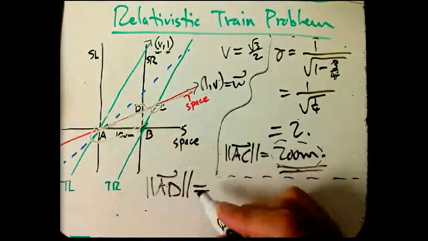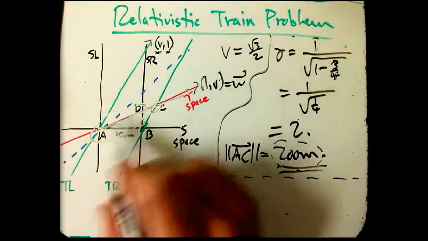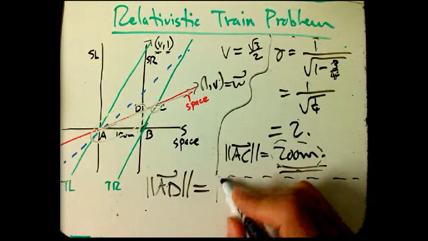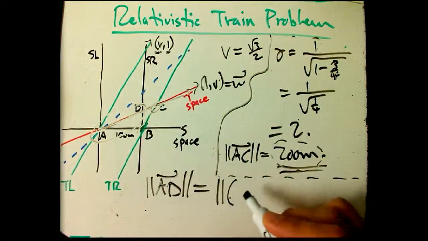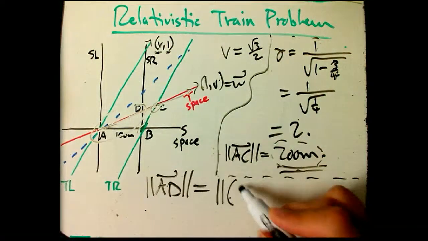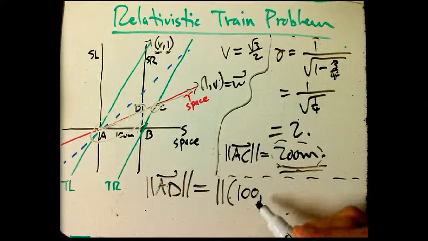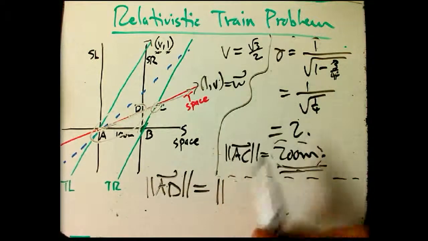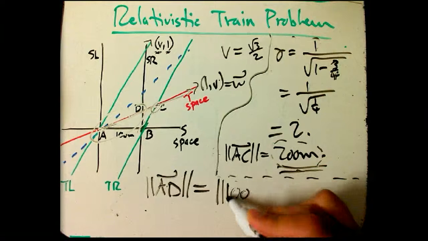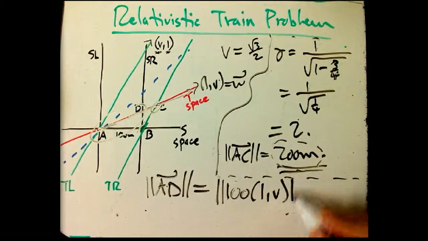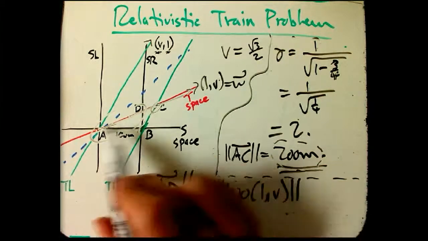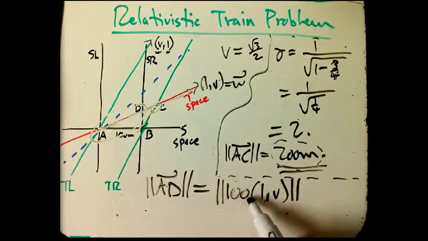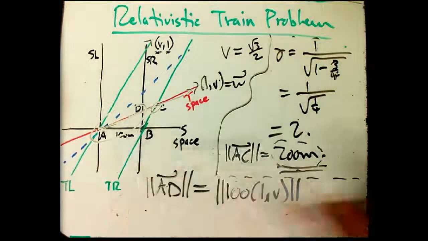Okay? So one way to do that is that we can just pull out the coordinates for AD. It's the magnitude of a vector that's clearly going 100 meters in the station's x direction, and then it's along the vector (1, v). So actually it's really just 100 times (1, v), because that gets it in the right direction, in this space direction for the train, and then it gets the right x coordinate, the 100.